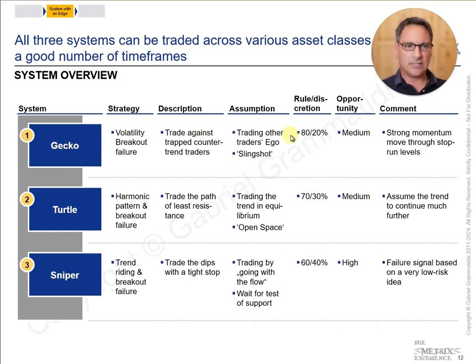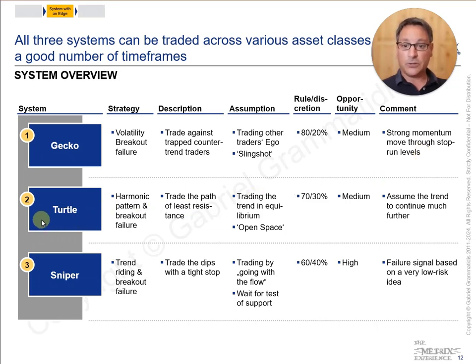Let's say 80% rules, 20% discretion, because you have to evaluate, is the trend good? Are the swing touches on the line good or not so good? This is where the discretion comes in, because it's more rule-based. Well, it has good opportunity, but you don't get hundreds of patterns, obviously, per day.